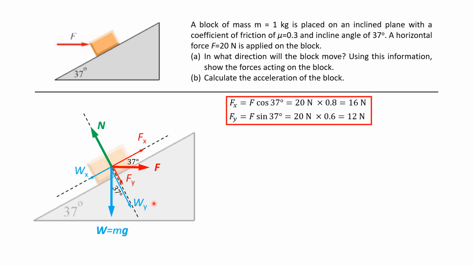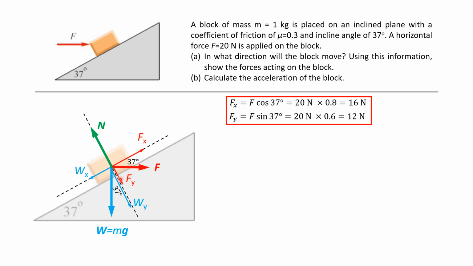So what are the components of F? F sub x is going to be equal to F times cosine 37, because the 37 degree angle is the angle between the component and the force. If you think of the force as the hypotenuse and the component as the adjacent leg, the adjacent leg is the hypotenuse times the cosine of the angle between them.